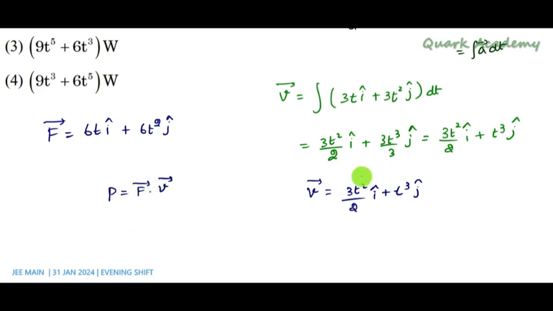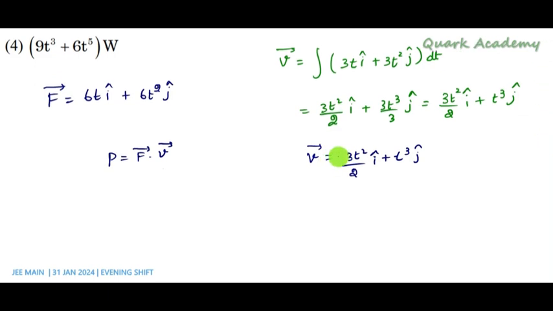So we multiply the components of i cap and j cap. It will become 9t cube plus 6t power 5 watt. Fourth option is the correct answer.